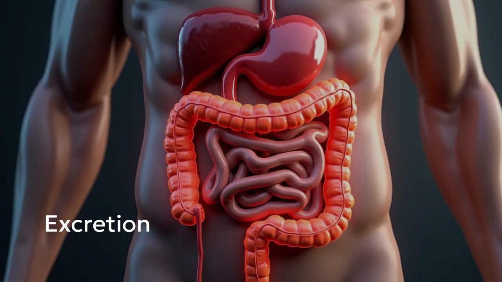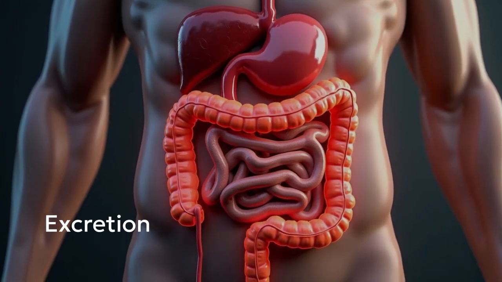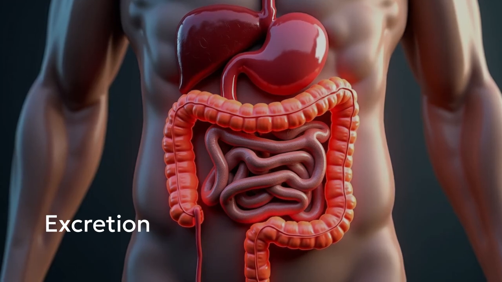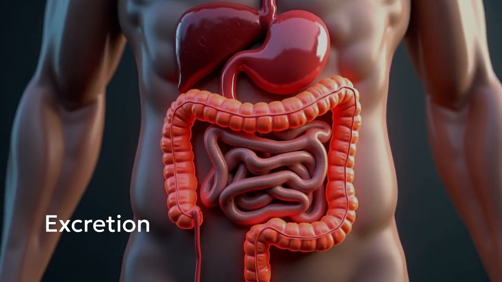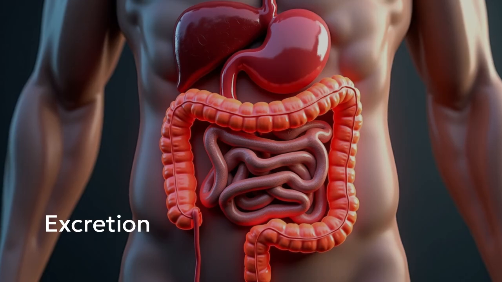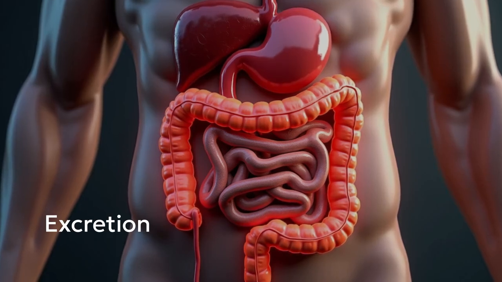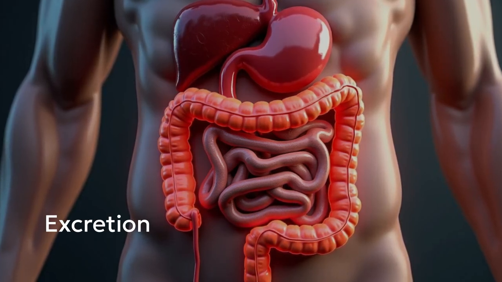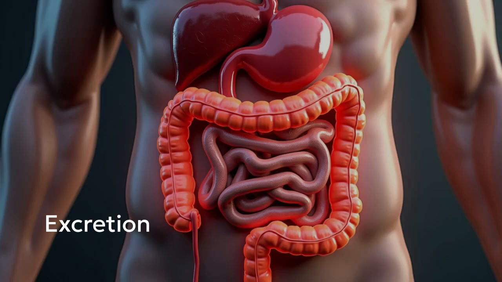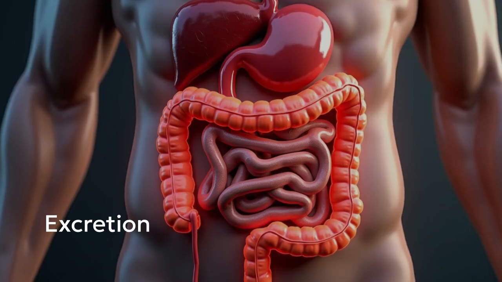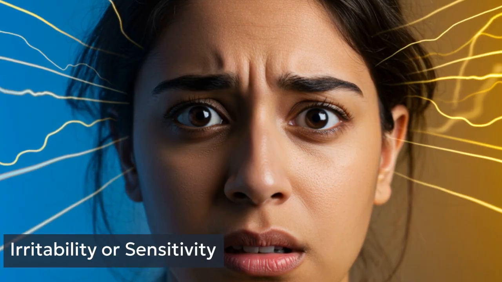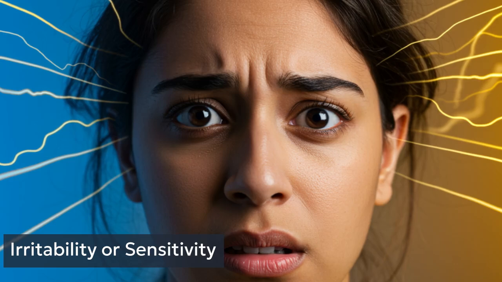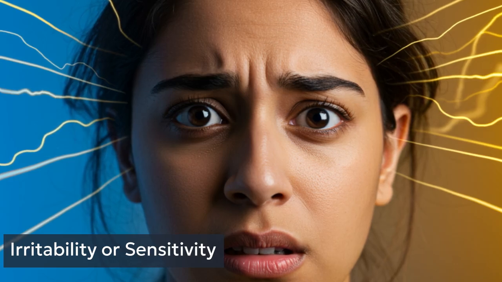The next one is excretion. Excretion is defined as the removal of metabolic waste products from the body. So living organisms get rid of various waste products from their body through different means. The next characteristic of living things we'll be looking at is irritability or sensitivity.